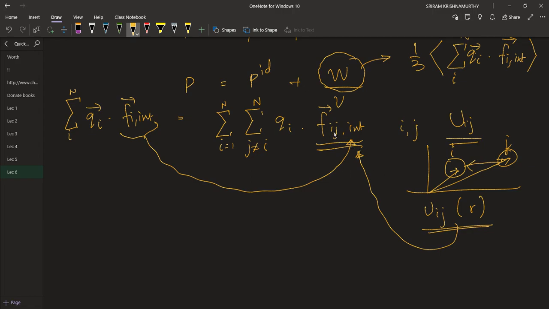Okay, and then when you have a system, if you have n particles, then you have almost n by 2 ij pairs, right? So we calculate this force for all the ij pairs, and then we can calculate the pressure.